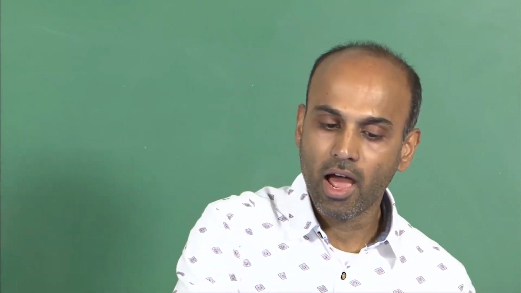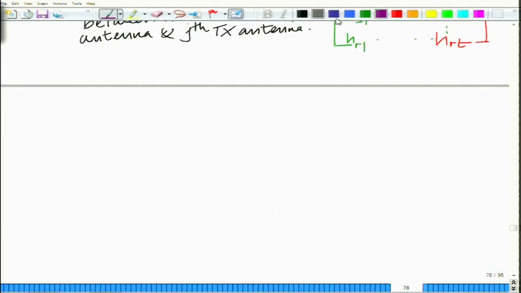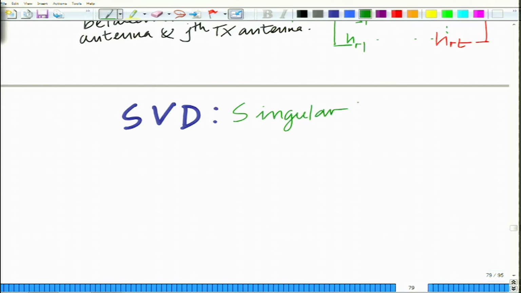This is an important technique, an important decomposition that has several applications in signal processing and wireless communication. The theory is general, and this is termed the singular value decomposition.